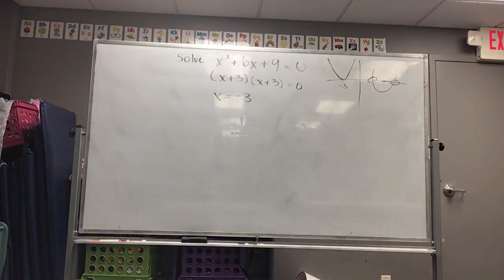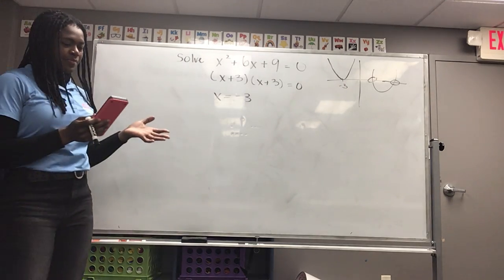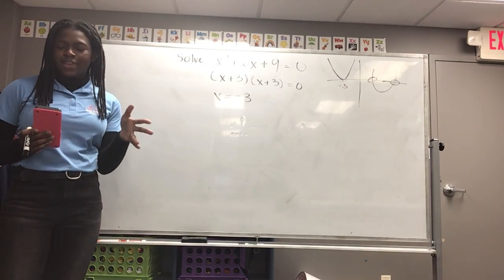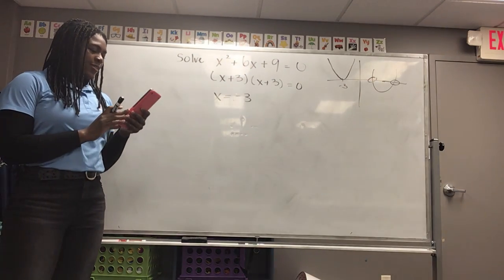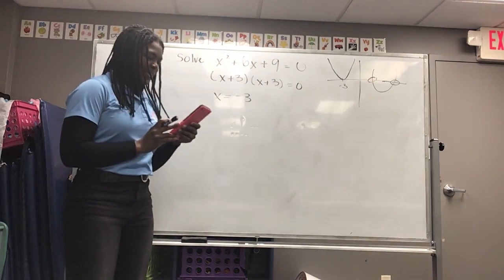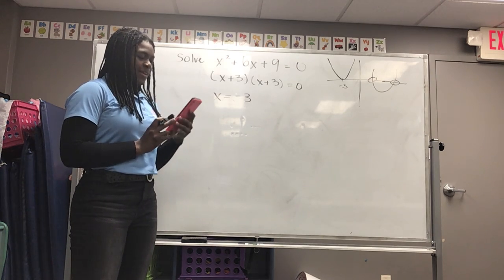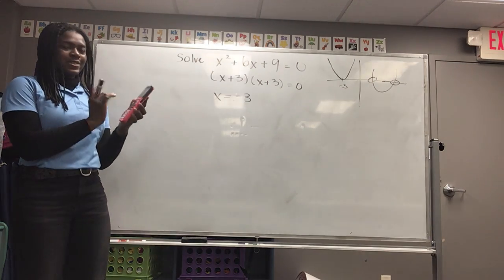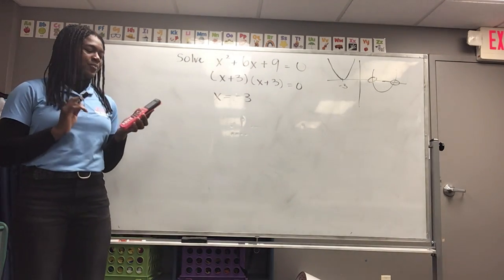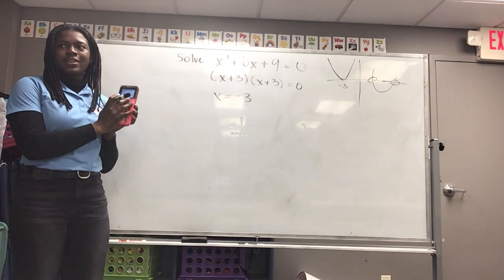And then sometimes when it doesn't cross at an exact number, your calculator can find that number for you. So what you do is, hold on, let me see. Okay, so I graphed it. I'm going to press the second button, that other different colored button, and then press trace, which is to the left of graph.